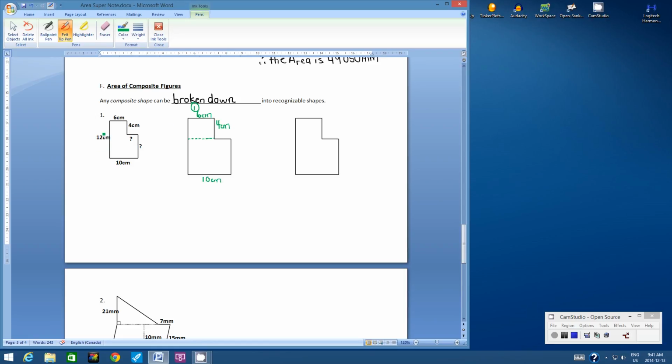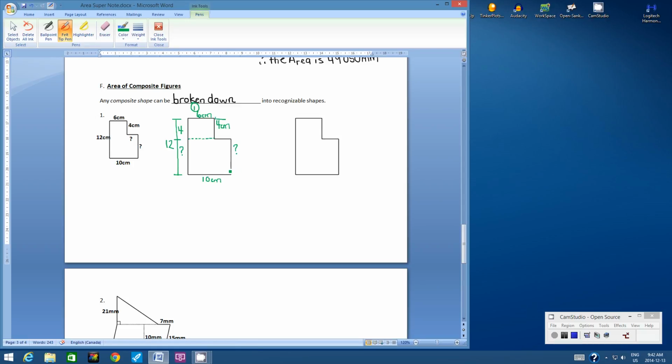Now this figure of 12 centimeters doesn't really help us on this side because we've chopped that 12 centimeters into 2. If I know that from here to here is 12 centimeters, and from here to here is 4 centimeters, how would I go about finding this length?